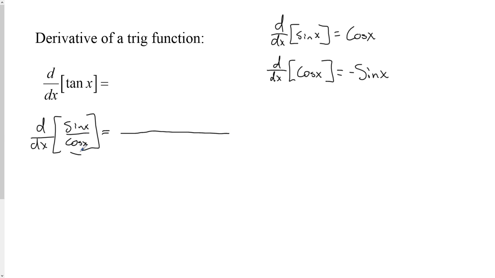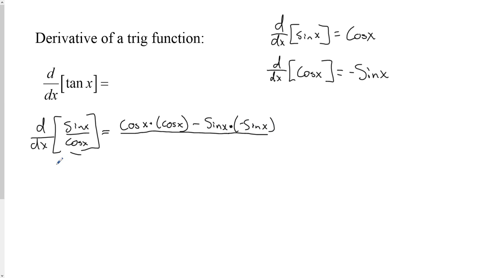Ho d hi: cosine is the bottom function, so it's cosine of x times the derivative of the top function. So the derivative of sine is cosine x, minus hi, the sine function, or sine of x, times the derivative of the bottom, which would be negative sine x.